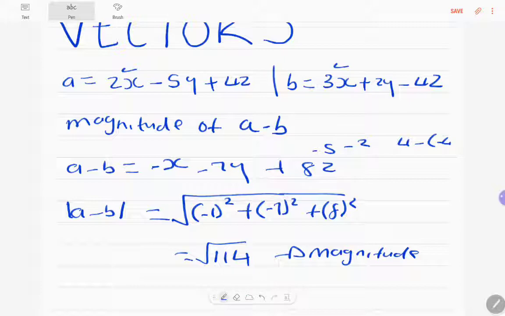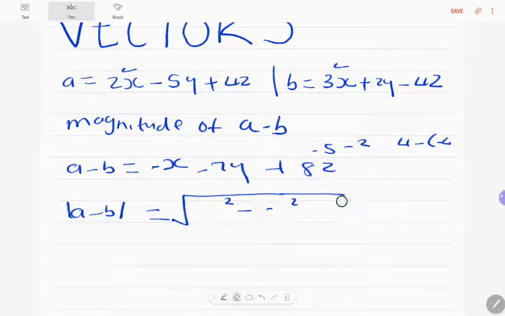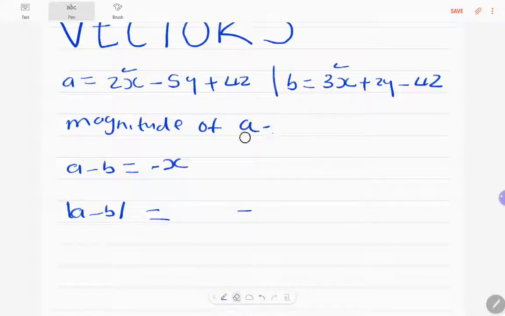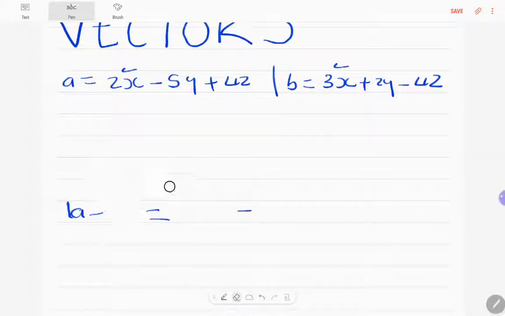So we did the dot product, the cross product and the subtraction. What is left now is calculating the angle. How do we calculate the angle? Okay, let's see now.